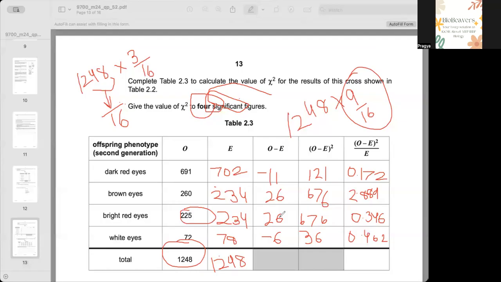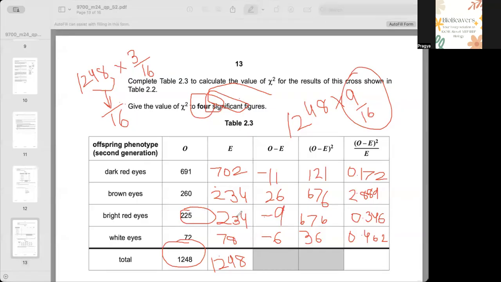So here we are doing a 225 minus 234. The answer here is not 26. It is minus 9. And that is why we get a different value here. So we have minus 9 here.